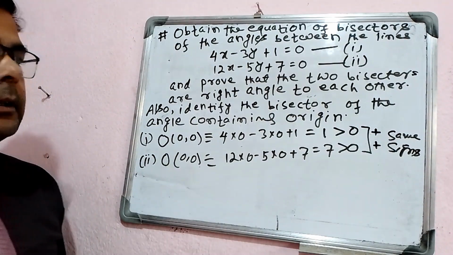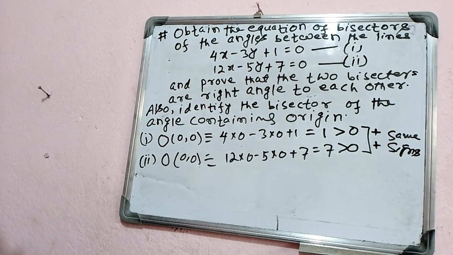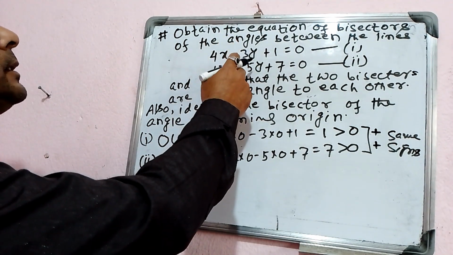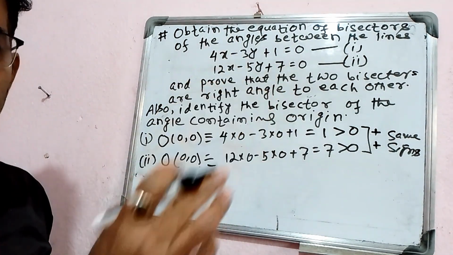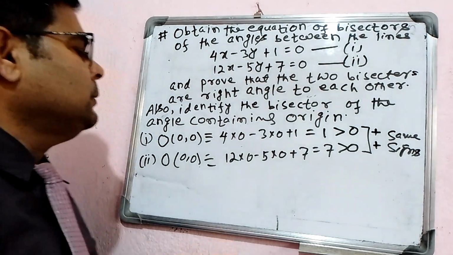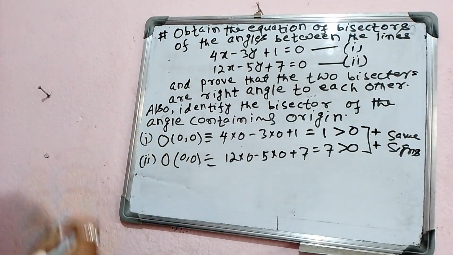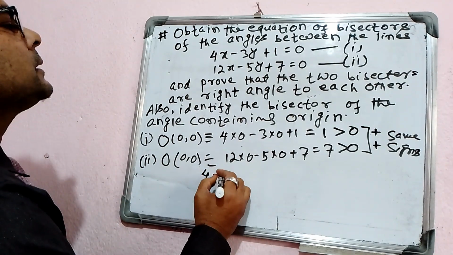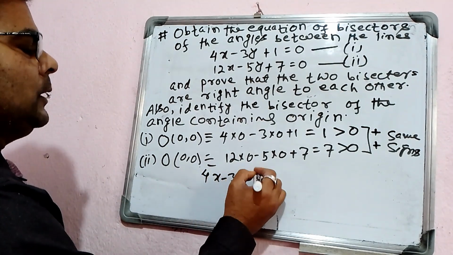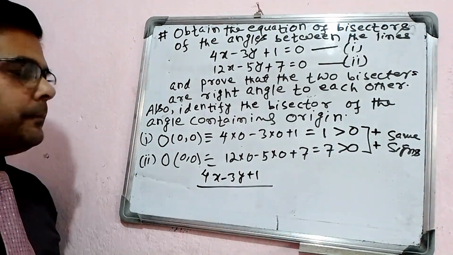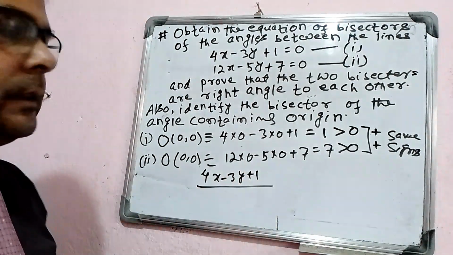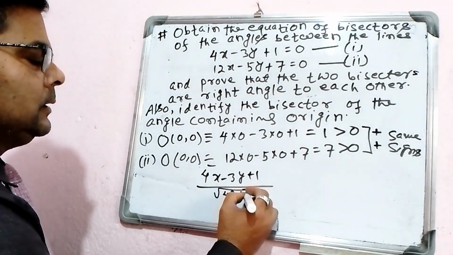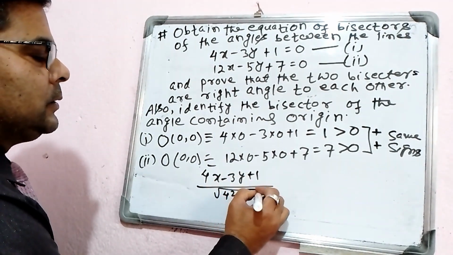In this case, the bisector that contains the origin will be given by the formula for both sides positive or both sides negative. So definitely we will take both sides positive. First of all, what you write here is 4x minus 3y plus 1. We are using the formula of the bisector here, so it is over the root of 4 squared plus minus 3 squared.